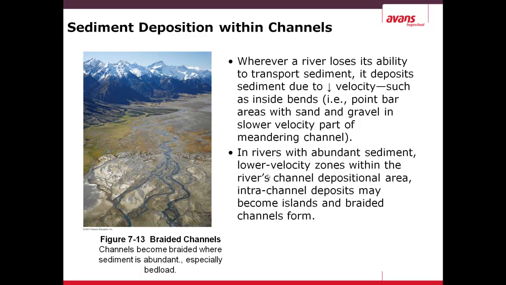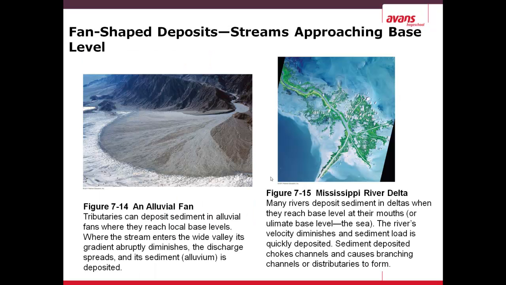These are often braided through each other, as you see on the picture on the left-hand side. These often are fan-shaped, and on the left picture you see an alluvial fan, which is when deposit is reaching a local base level. It may enter a valley, or on the right-hand side you see the Mississippi River Delta, where the Mississippi River is depositing its sediment.